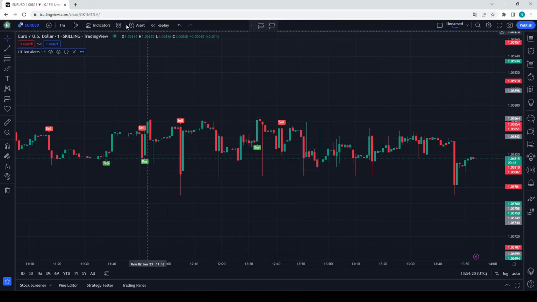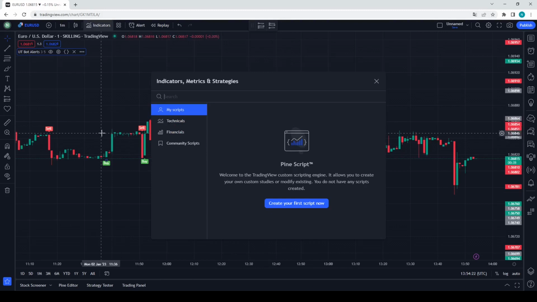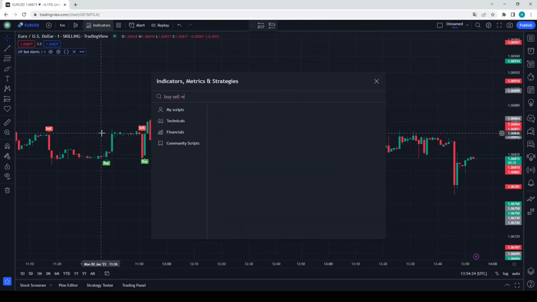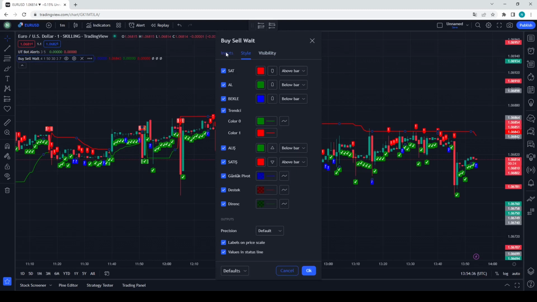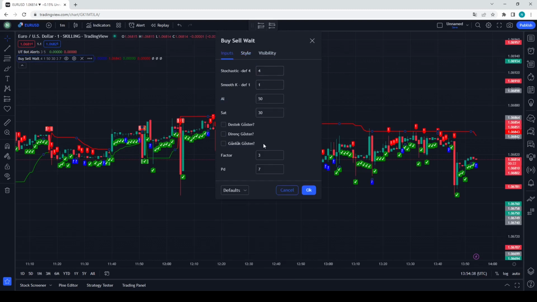The second indicator which we will need is the Buy Sell Wait indicator from Trend CI Hoka. I know right now it looks very messy, but let's start to clean this up. In the inputs we can leave everything like it is.